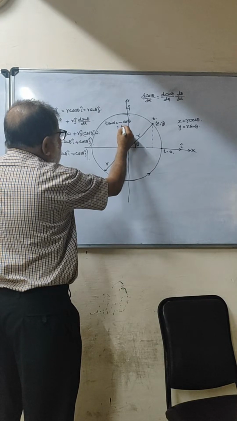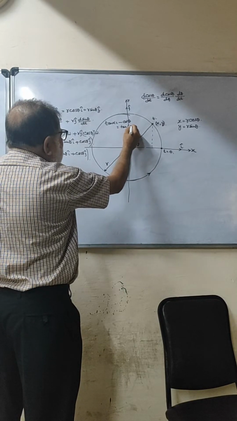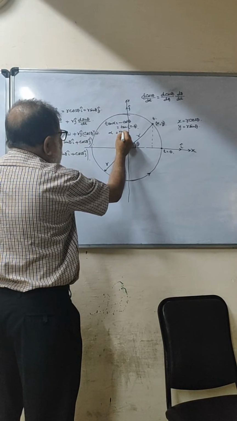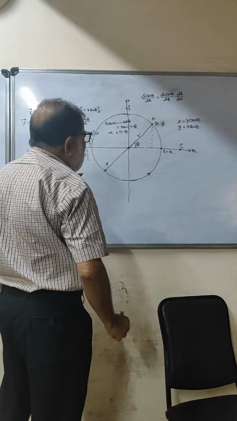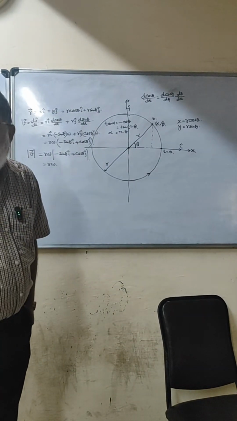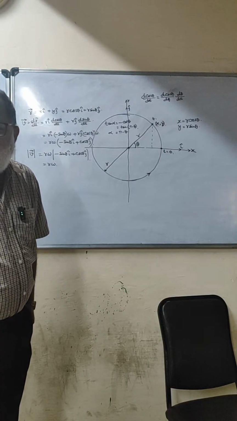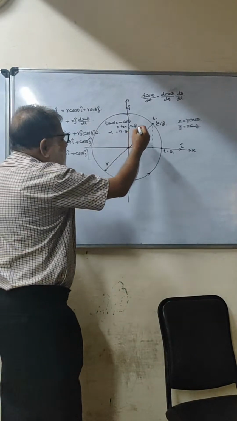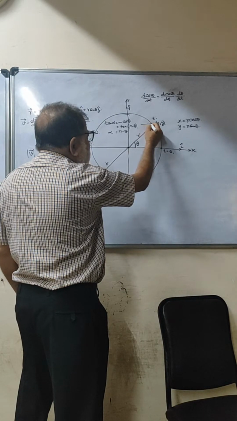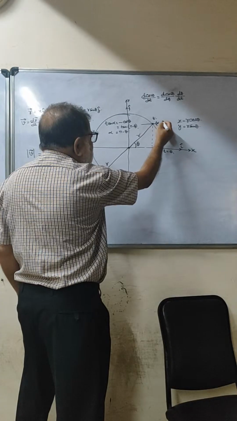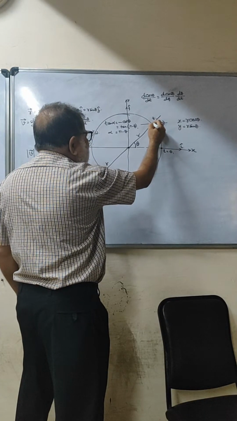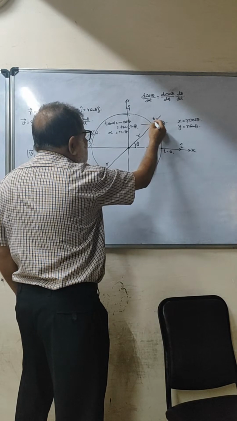And that is tan of pi minus theta. So alpha is pi minus theta. Now what is pi minus theta at this point? Velocity is there. Please note, this is theta. So pi minus theta means this angle.